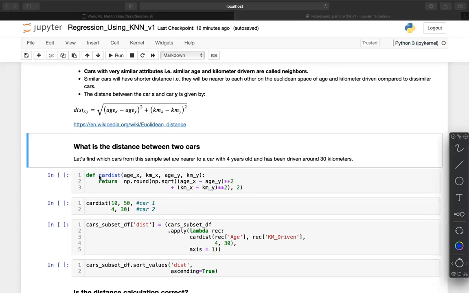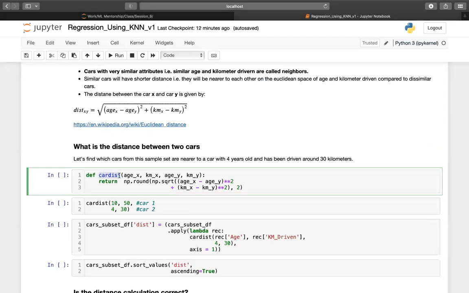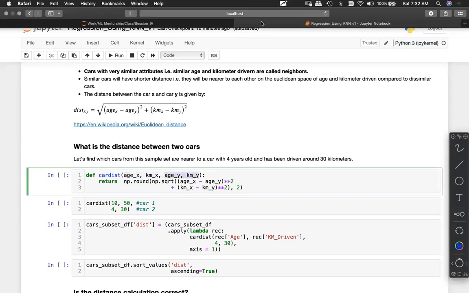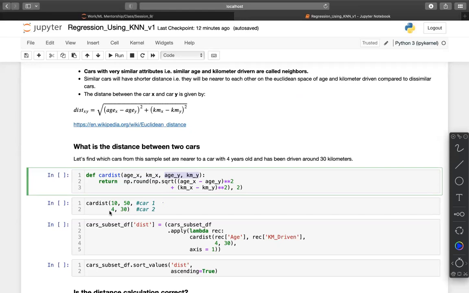For this I have defined a method called car dist, which takes the age and kilometer driven of car X and the age and kilometer driven of car Y. We square age X minus age Y and kilometer driven X minus kilometer driven Y squared, and take a square root of it. Then I'm rounding it to 2 decimal values.